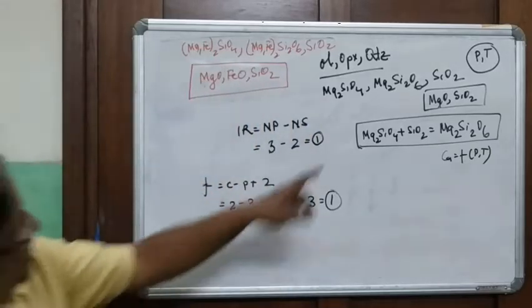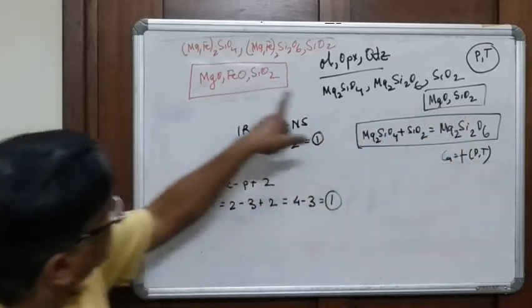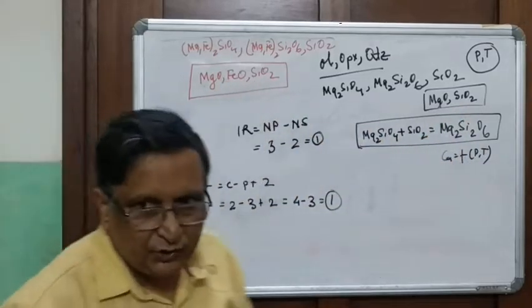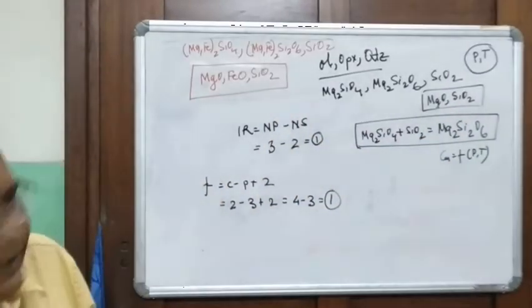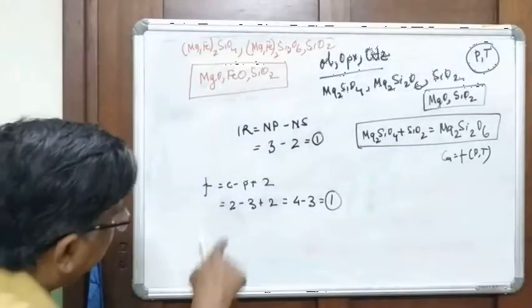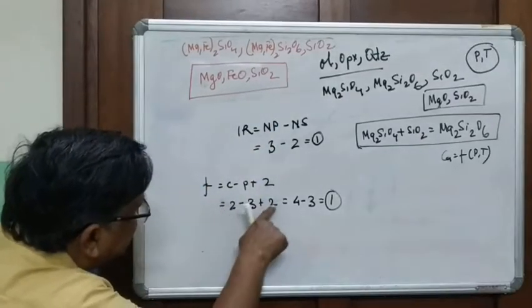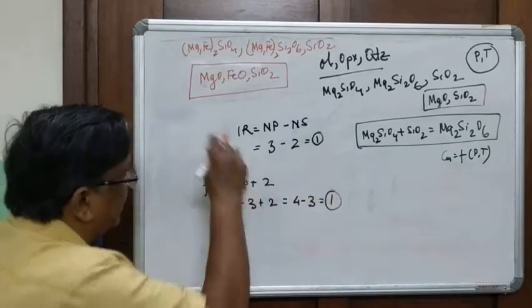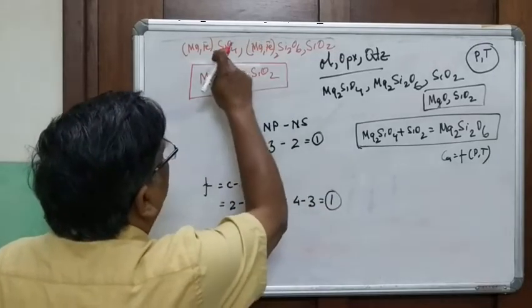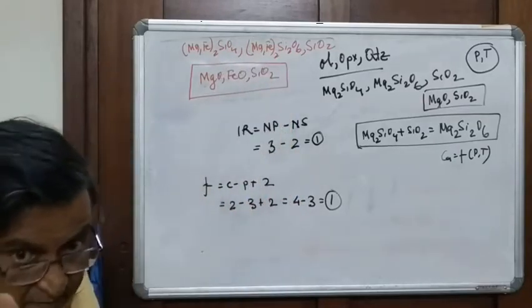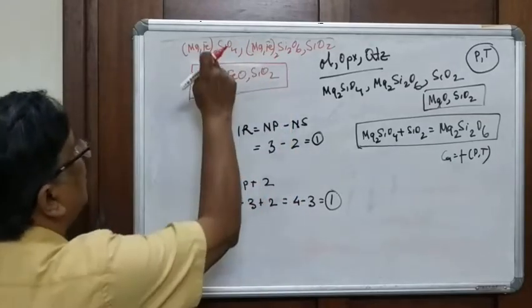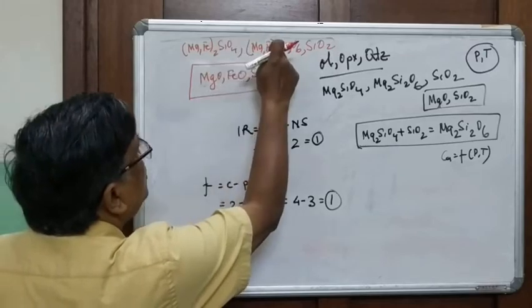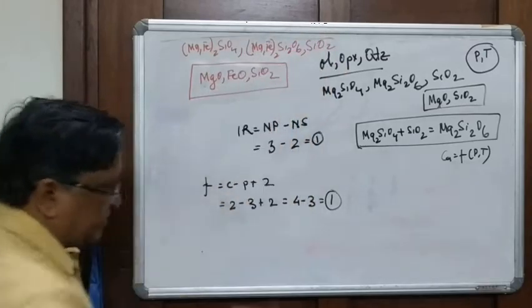Here it was MgO and SiO2; now we have three system components. So look at the Gibbs phase rule expression. Let's write it down now: phases, not phase components, phases: 1 olivine, 2 orthopyroxene, 3 quartz.